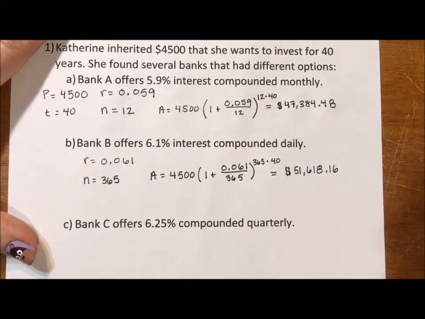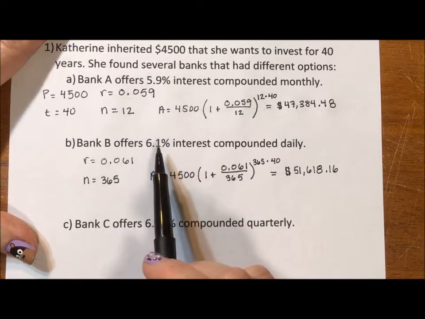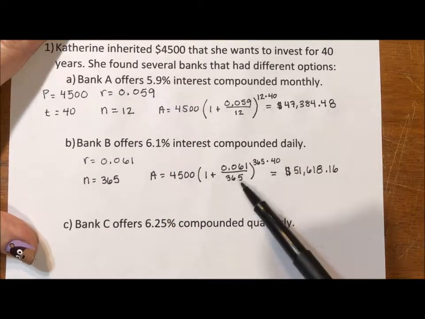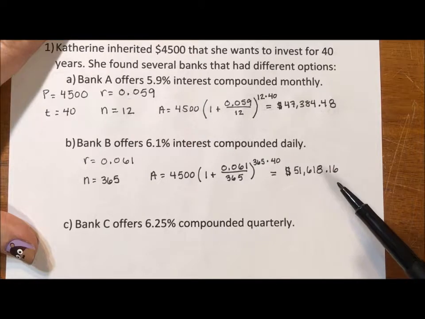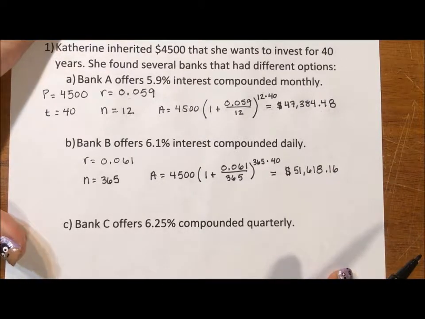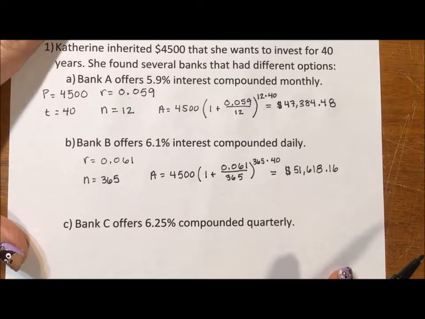Notice I'm always rounding to 2 decimal places. That's what we do with money, and it's important that you always round to 2 decimal places. You see that just 0.2% interest raise and a bunch more compounding got over $4,000 more. So that's a nice return on a tiny change of investment.